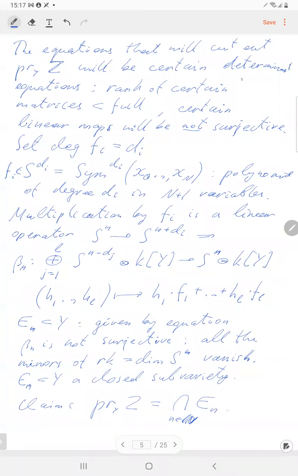But then by Noetherian property, we know that actually we need only some finite intersection. Okay, so we have to prove this claim, and let's prove it. And this is just the projective Nullstellensatz.